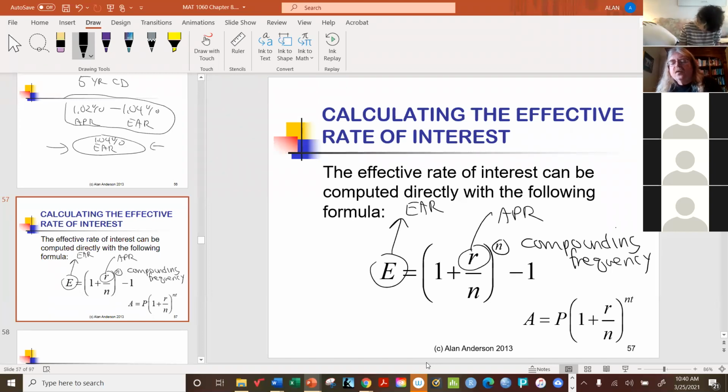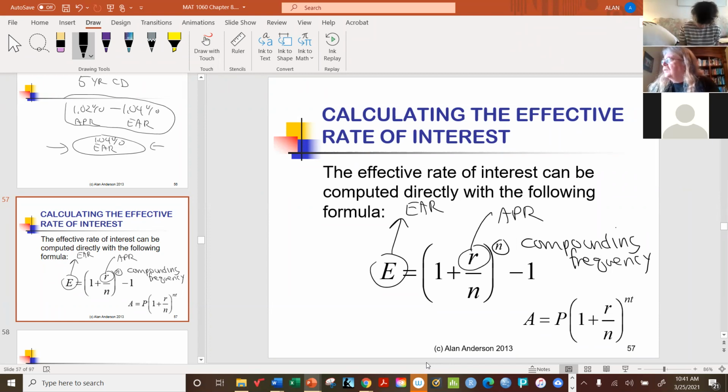You can see that the formula is a little bit simpler than what we did down here, but not much. It's a very similar type of formula. And what you'll see when we get to our examples is that you probably will want to simplify it before you attempt to do this on your calculator.